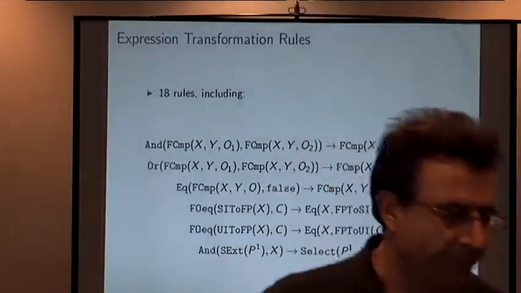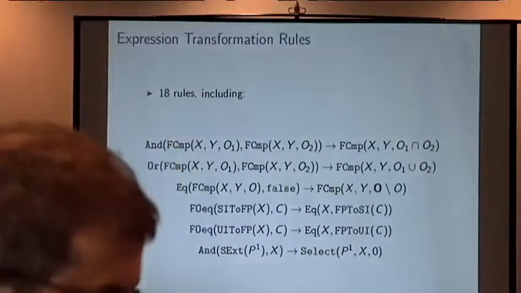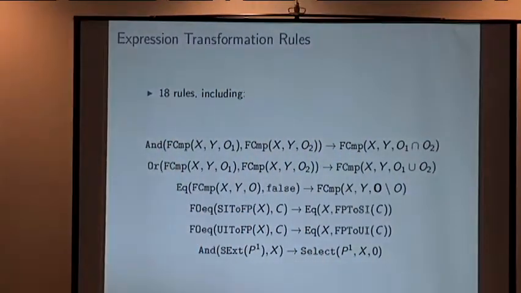So expression transformation rules. These were our 18 rules, and the top 3 rules show how we can use the outcome sets to simplify Boolean operations over floating point comparisons.